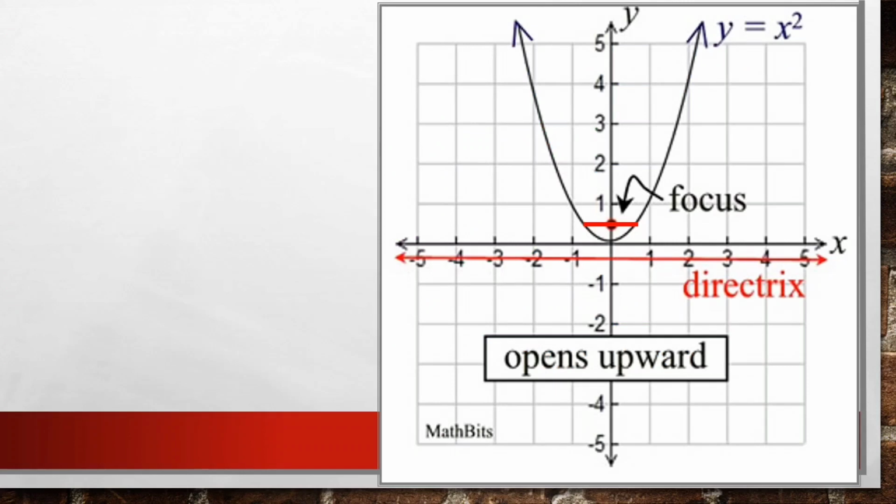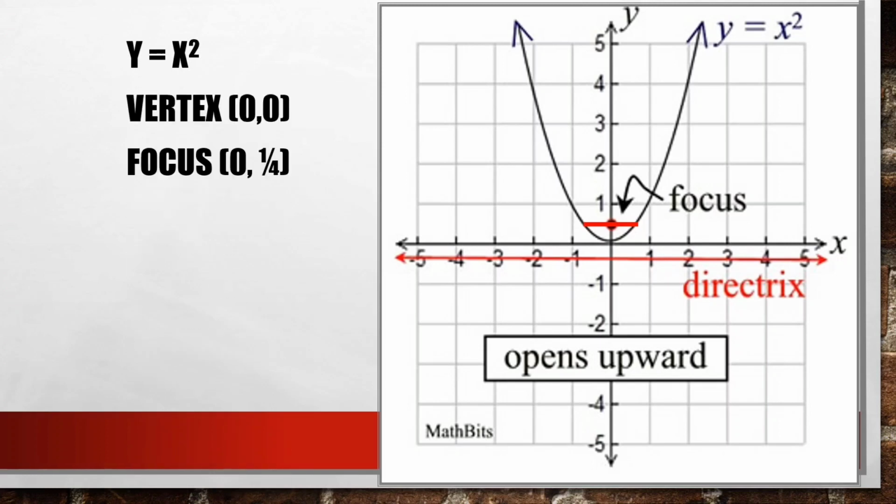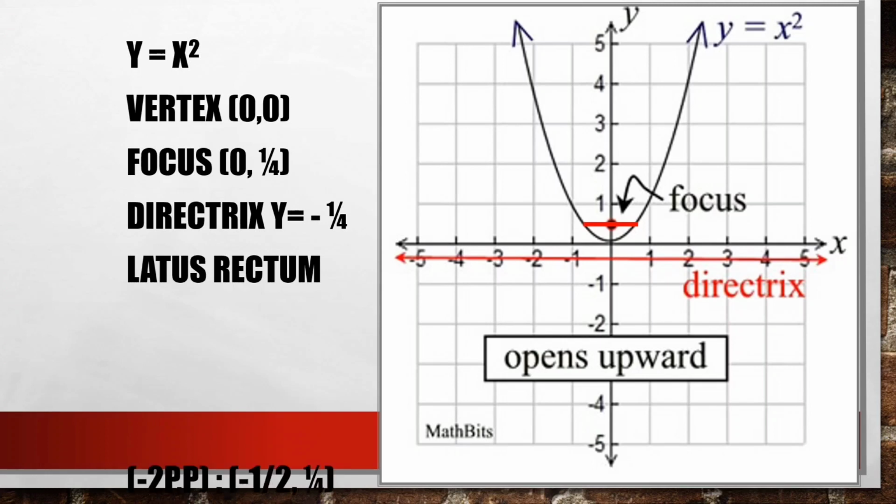Let's review the given equation a while back: y is equal to x squared. The vertex is 0, 0, and the focus is 0, 1/4, while the directrix is y is equal to negative 1/4. For the latus rectum of y is equal to x squared, we have negative 2p and p.